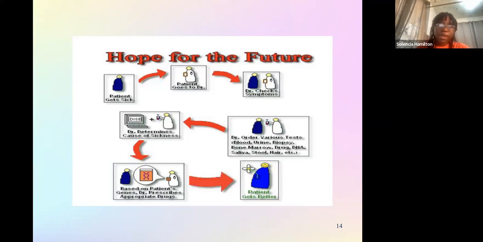They may take blood, saliva, hair samples, whatever it is, to get an understanding of what is happening to you internally. Then the doctor tests those samples, looking for different things inside your body that would let them know what exactly is bothering you.